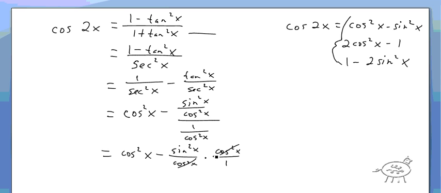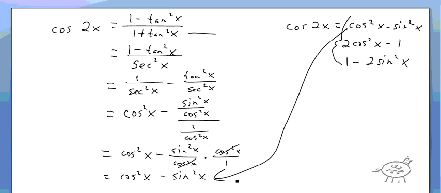So that cancels, and you wind up getting cosine squared of x minus sine squared of x. There we go! Double angle. It's actually this first one that I wrote here. So now I can say cosine of 2x equals cosine of 2x. And we're done.